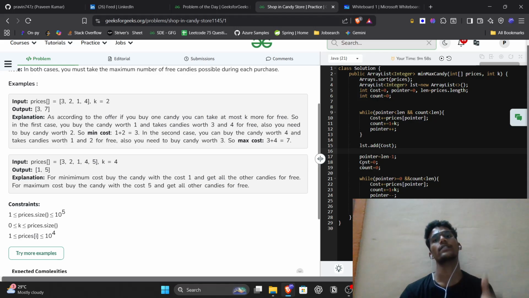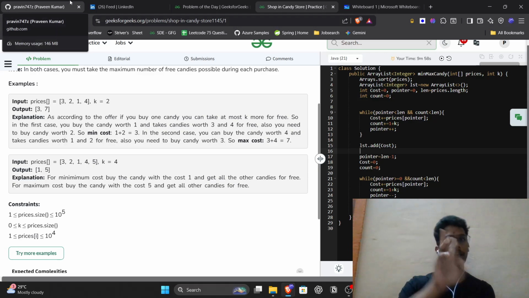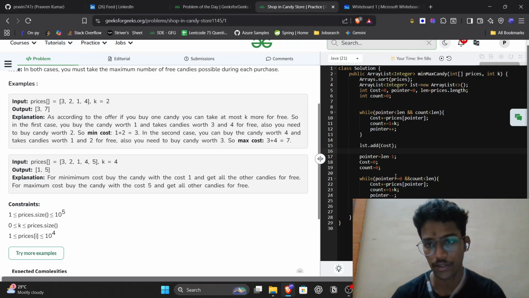I am purchasing the candies which are costlier than others, and I am getting the cheaper candies for free. For that, I am assigning the pointer to the rightmost element. And for each transaction I make, I get k number of candies for free.